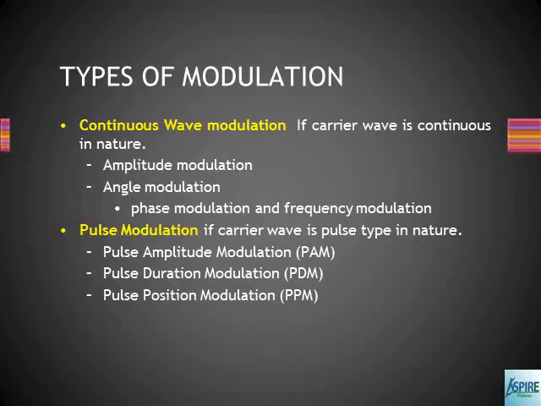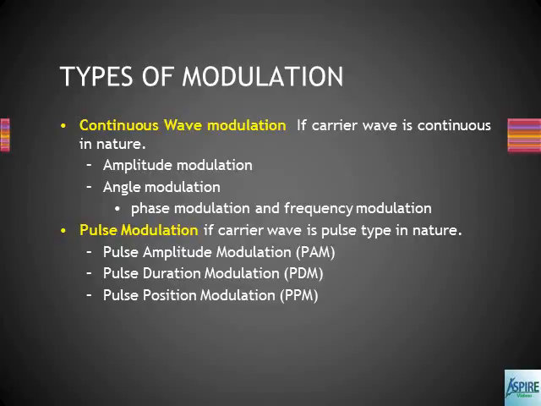Amplitude modulation is when we modulate the amplitude of the carrier signal, and angle modulation has two types: phase modulation and frequency modulation. Phase modulation is when we modulate the signal with its phase. The frequency modulation is when we modulate the signal by frequency.